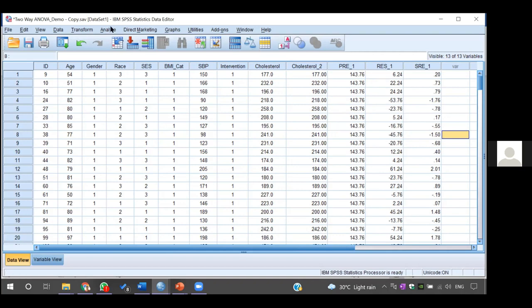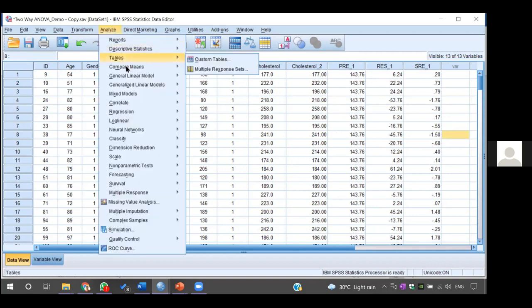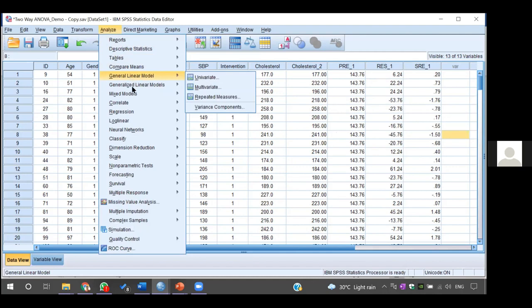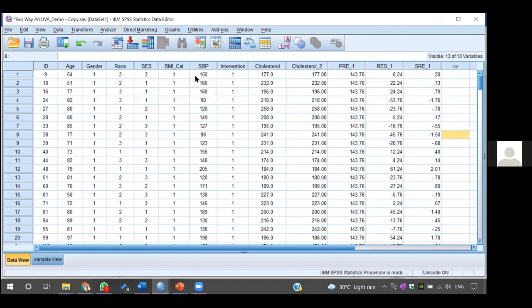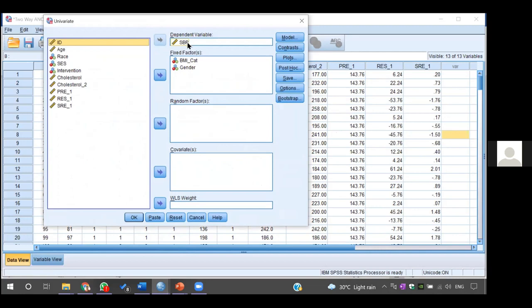So in this case, I have to check the value of cholesterol. So I'll go to Analyze, I'll go to the General Linear Model, this Univariate. I will move this to here. And I'll move this cholesterol to, okay, so it's the cholesterol 2 variable, yes, this one.